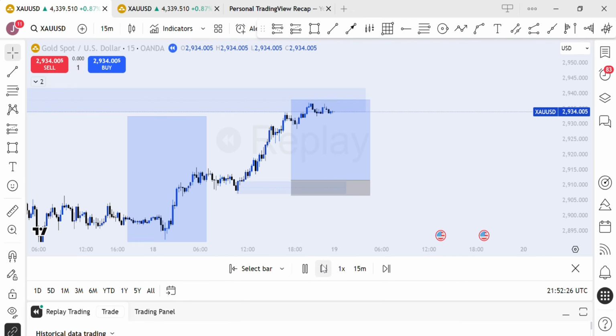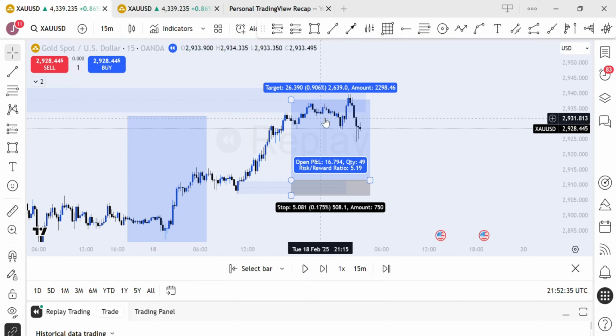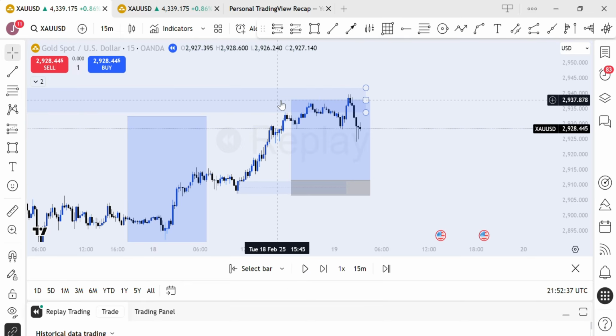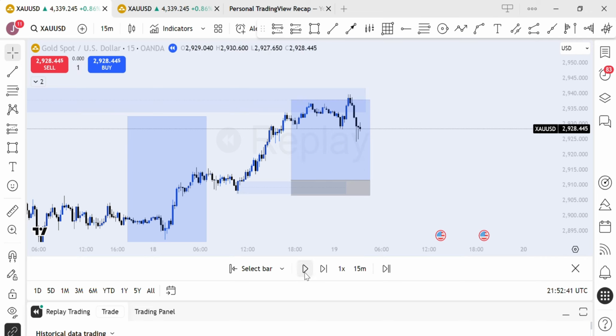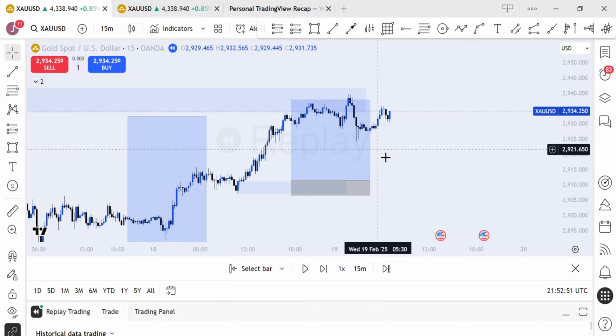Okay, so price did not pull back, and this is the resistance we met earlier. Let's see what happens. So price seems to be reversing from this resistance again. We've seen the sweep of these highs.